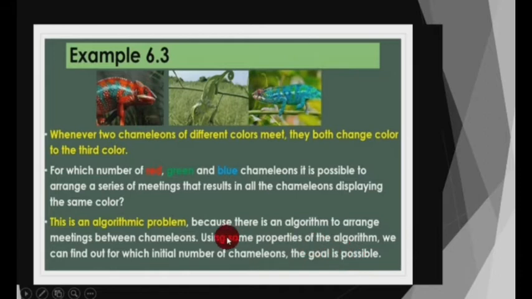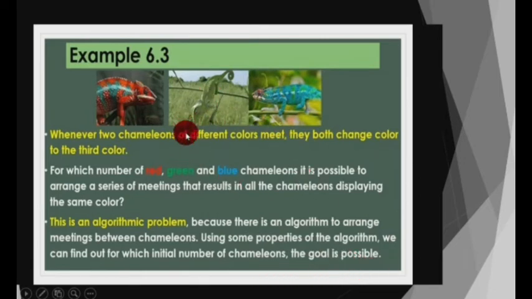So here I have to work out how many meetings and how many chameleons are needed to make all chameleons the same color. This is the nature of the problem. Here we are deciding only the nature of the problem. Later in this chapter we will get the solution of these problems also.